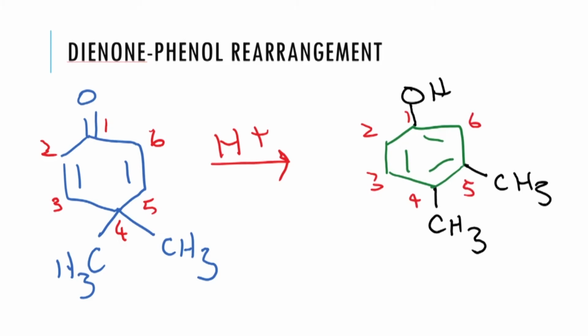So carbon 1, which used to be a ketone, has now become a phenol. And carbon 4 used to have two methyl groups. It has only one. And carbon 5, which used to have a hydrogen, now has a methyl group. So now, in order to address the mechanism, let's consider the following.